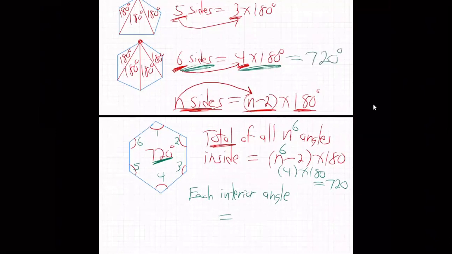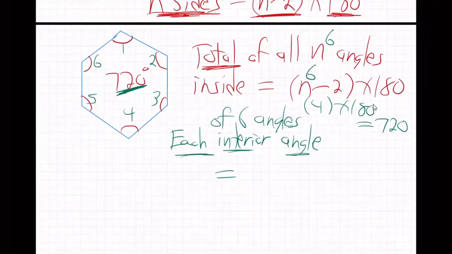So for a regular hexagon, the total degrees inside is 720 degrees because it's 1, 2, 3, 4 triangles, isn't it? So now the question is, how much is each of those 6 angles?